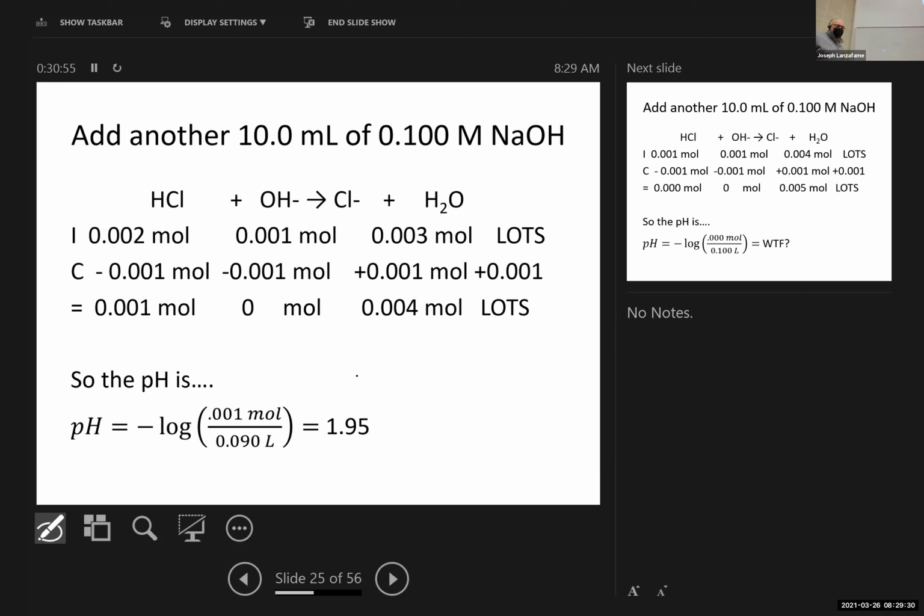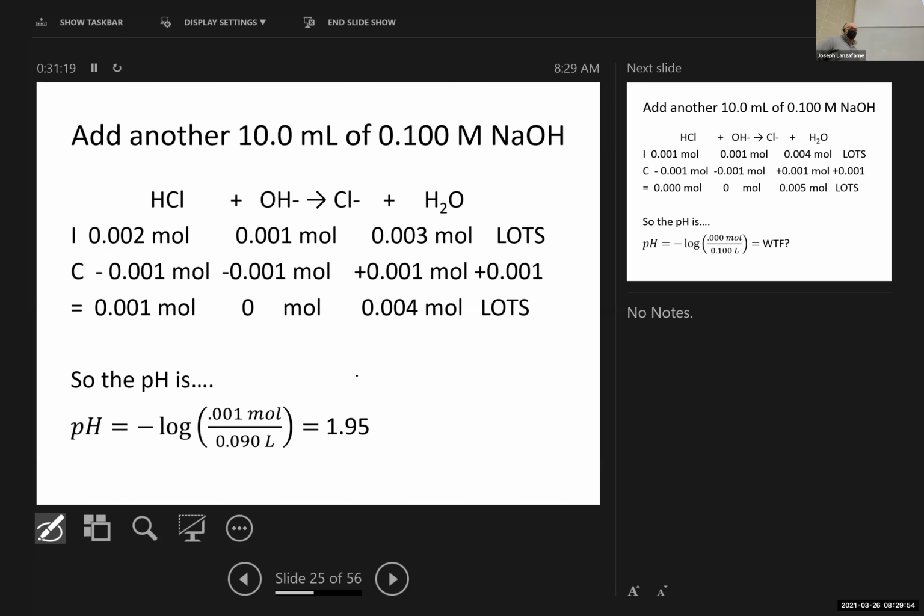And again, that's largely because I have not changed decades in my number. I had 0.00 something of HCl the whole time. Of course, even a little bit of base, and my acid is going to be down to 0.000 something, which is why the pH starts to rapidly change here.